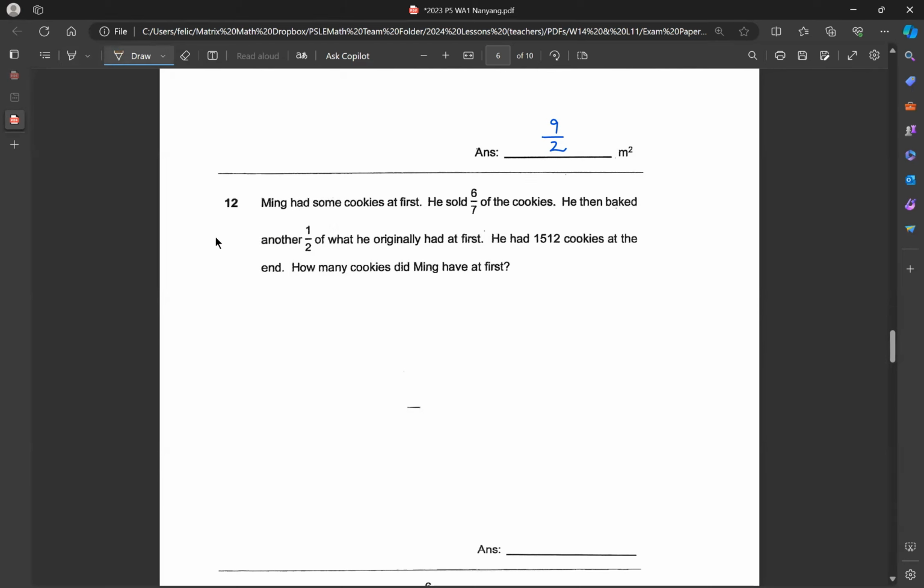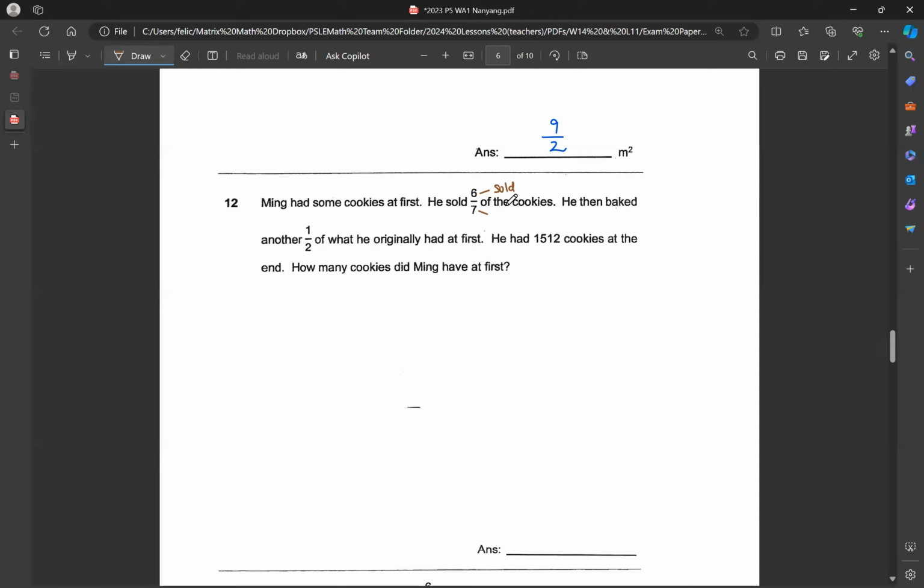Okay, so let's understand what the 6 is about first. All right, so he sold 6/7 of the cookies. So simply the 6 units is what he sold. Correct. The keyword, the verb in front, would give you a strong hint on what the 6 represents. Now, 7. What's the 7 about? So 7 units, they say he sold 6/7 of the cookies.